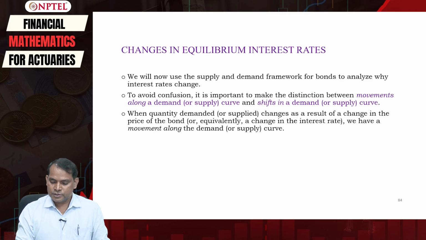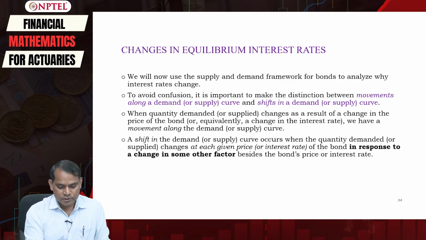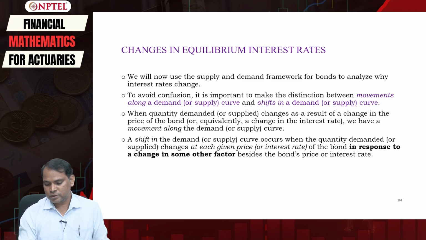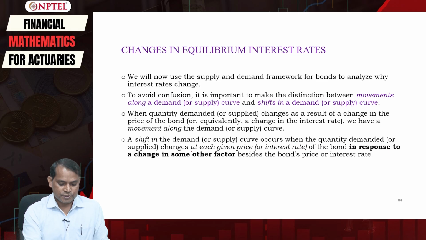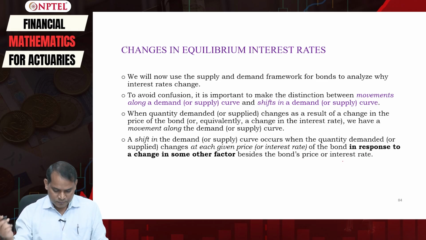But if the changes happen due to factors other than price, then the demand curve or the supply curve will shift. So a shift in the demand or supply curve occurs when the quantity demanded changes at each given price of the bond in response to a change in some other factor besides the bond's price or interest rate. Then the shift in the curve happens.